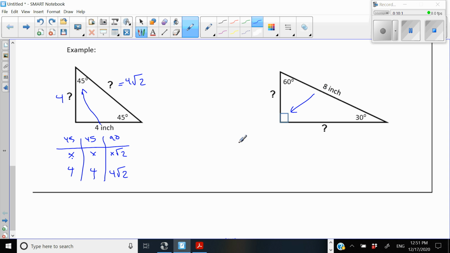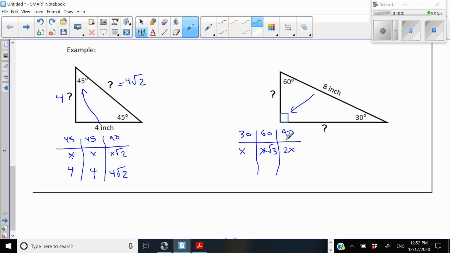So I'm going to make my table: 30, 60, and 90. This one was x radical 3, and 2x. The one which is opposite 90 is 8 inches.